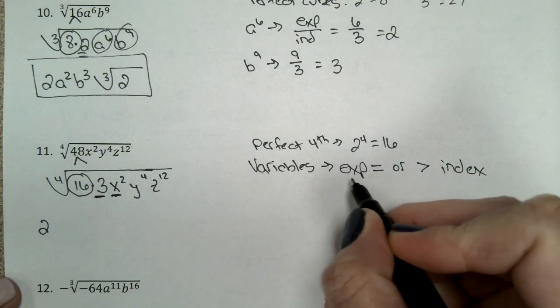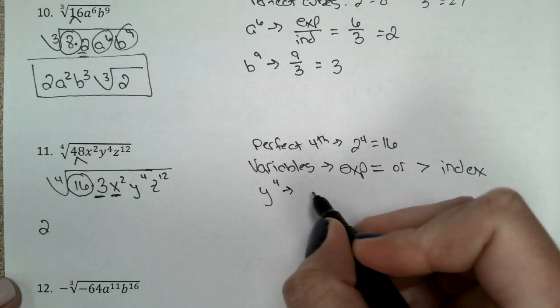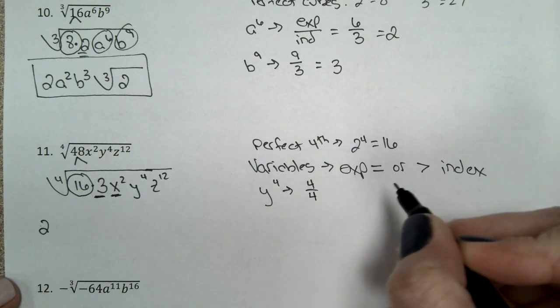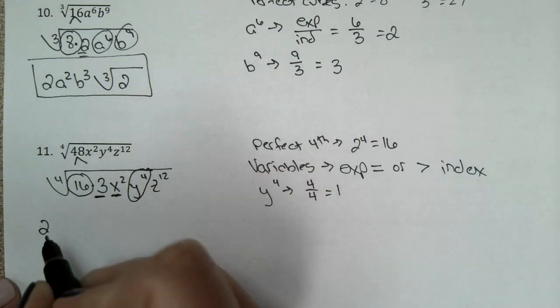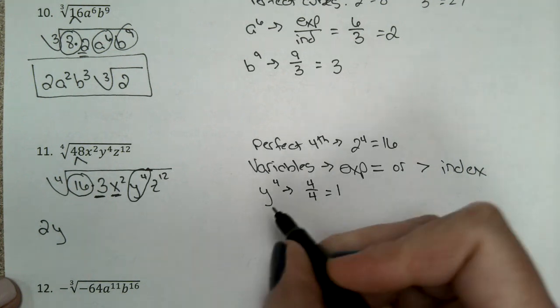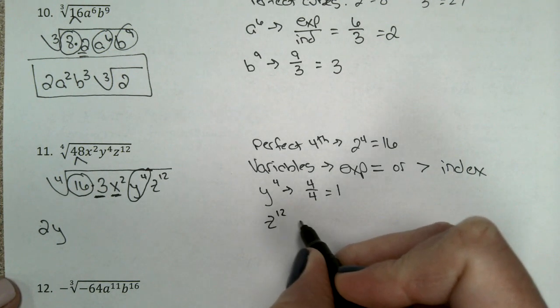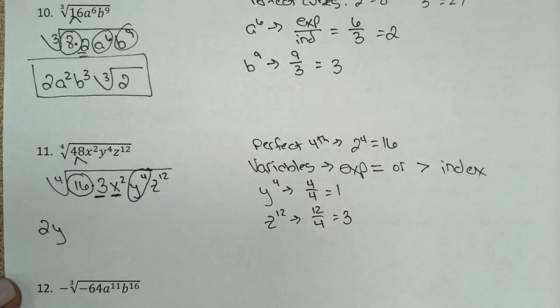Y to the 4th. Okay, so that is the same as my index. So 4 divided by 4 equals 1. So that means that 1 y can come out from under the radical. And z to the 12th. 12 divided by 4 equals 3.